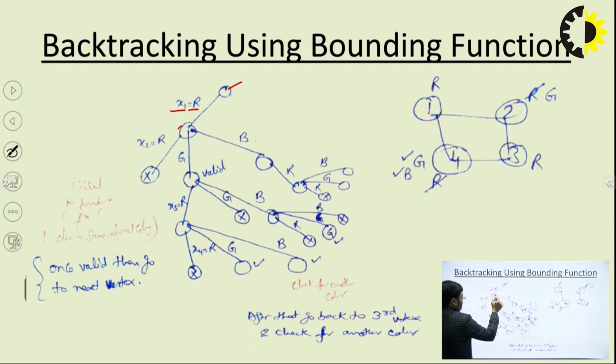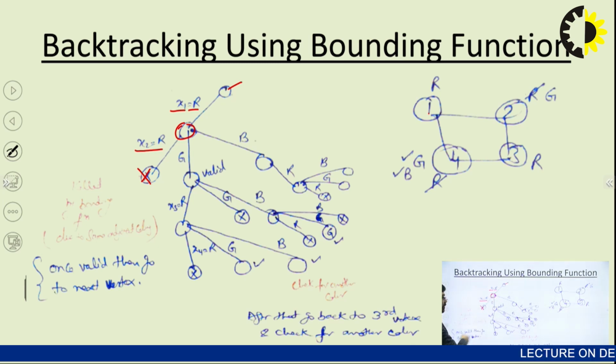Then we come to vertex 2, and if we try to take red color for vertex 2, it is impossible with the given condition. Then we kill that node for further exploration, which means we don't have to move further in this path.